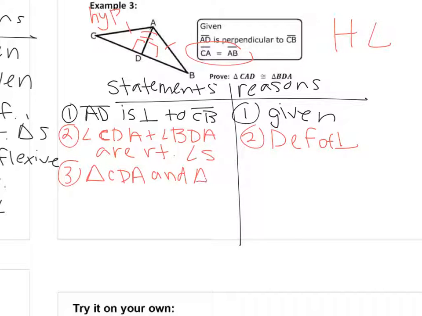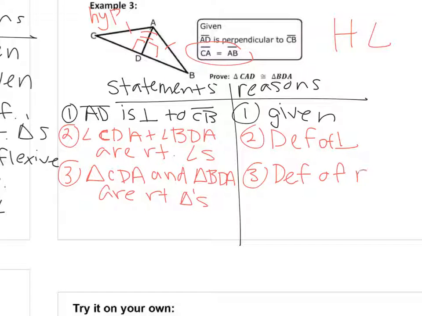So not only are these right angles, they are right triangles. BDA are right triangles. What would be the reason there? Well, by definition, if you have a triangle with a right angle, that is a right triangle. So that would be just definition of right triangles. Okay?